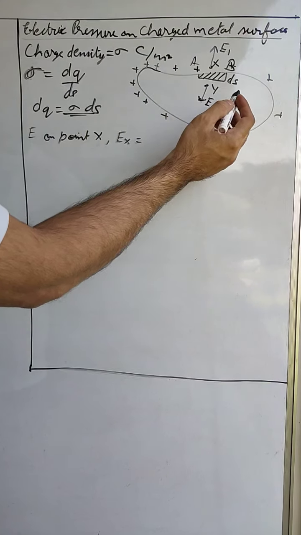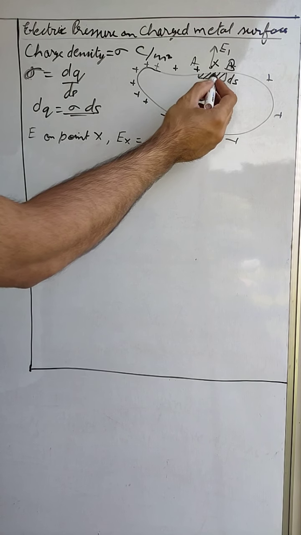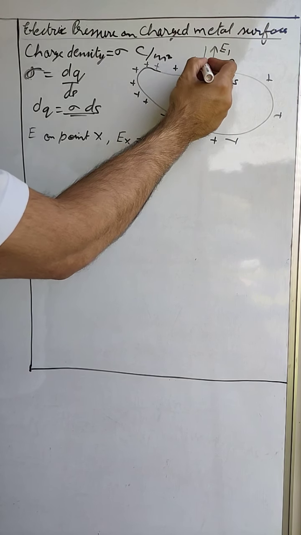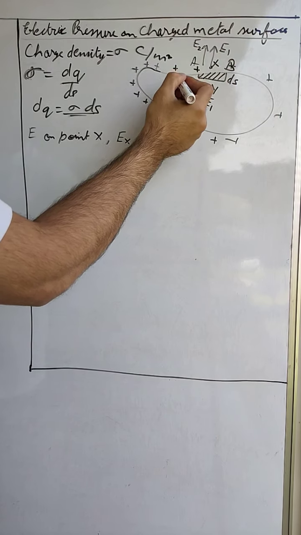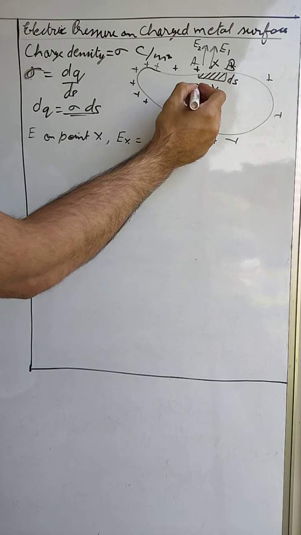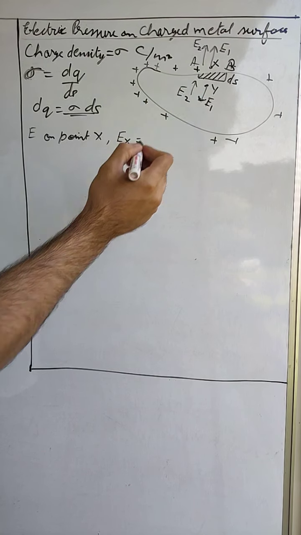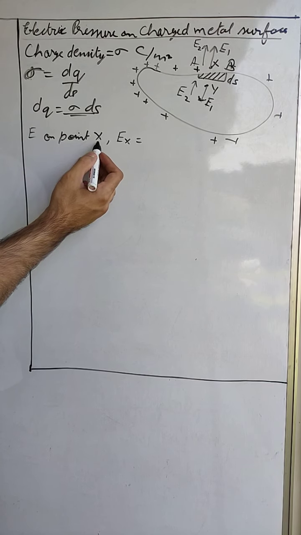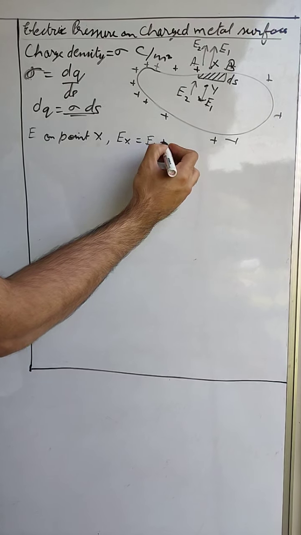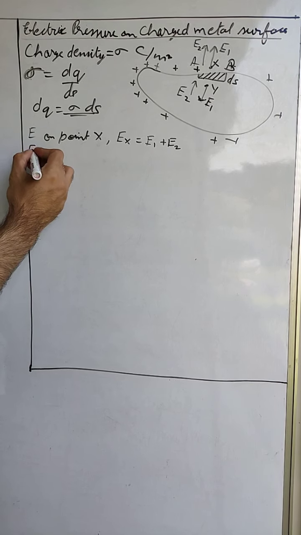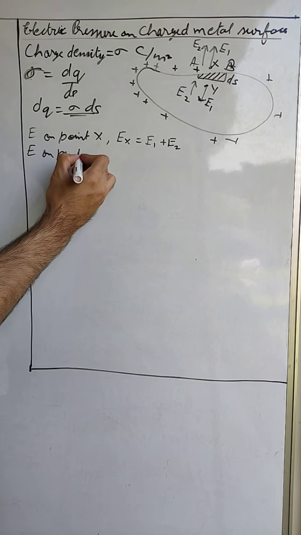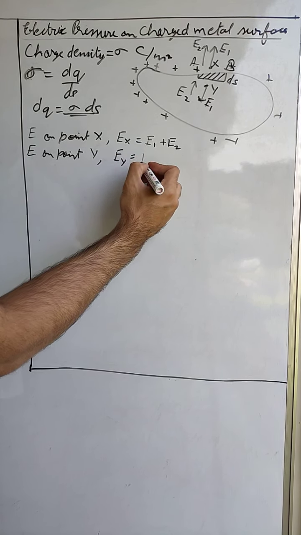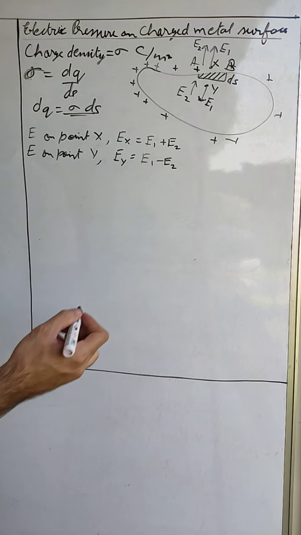For the remaining surface area, both points x and y are away from the surface, because remember they are very close to the surface. So for both of the points, E2 due to the remaining surface will be in the outward direction on both points. So the net electric field on point X will be E1 plus E2, and the electric field on point Y will be EY, which is equal to E1 minus E2.